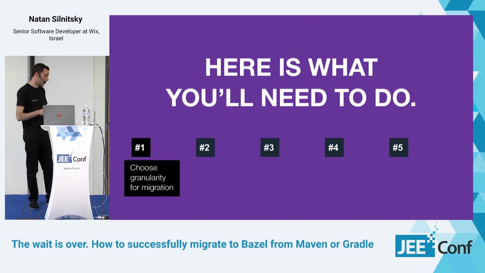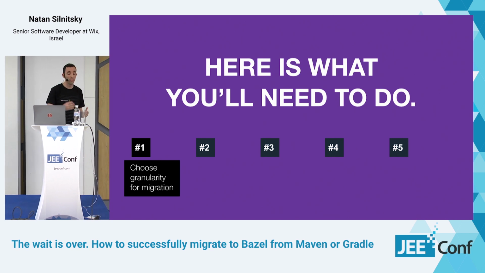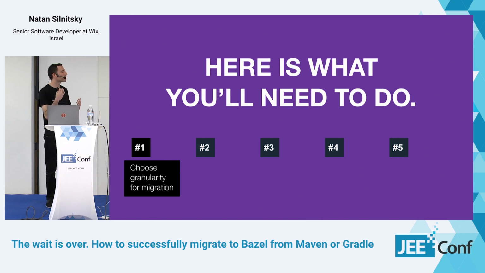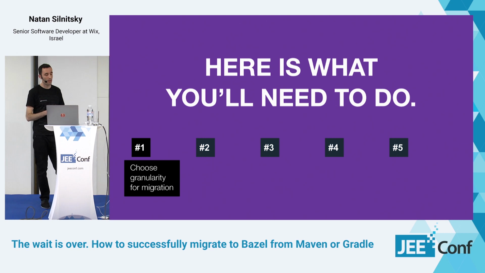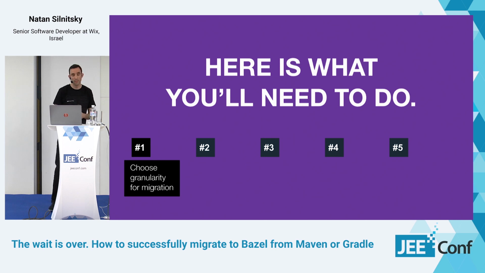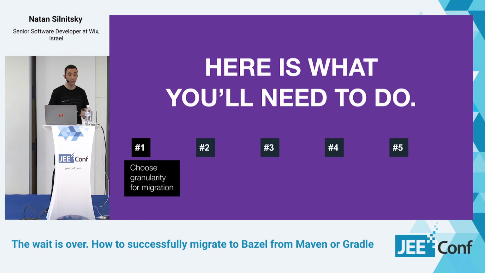Okay, so we saw what Bazel can provide to you, and you may be curious how you can do this migration. Luckily, we have Wix's experience in the migration process. There are 5 important areas of questions that you should consider.